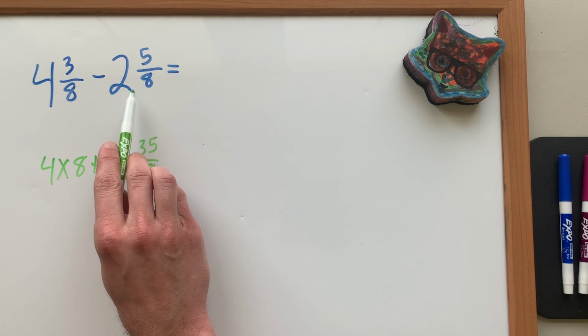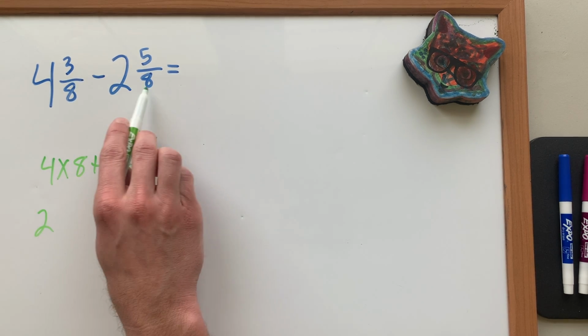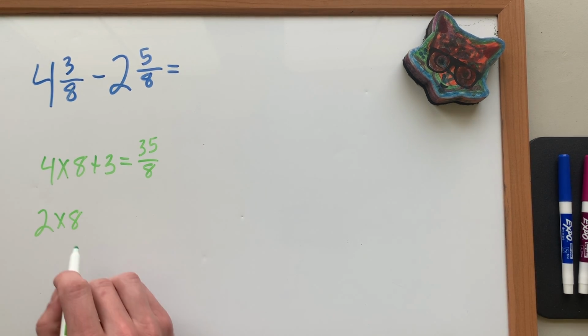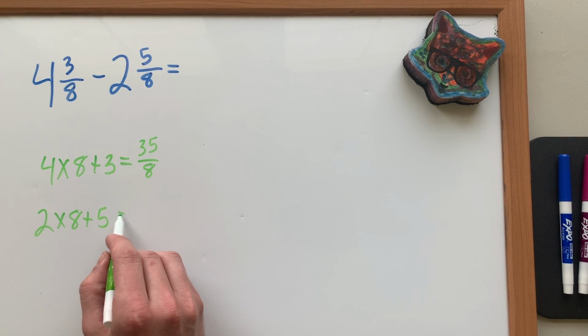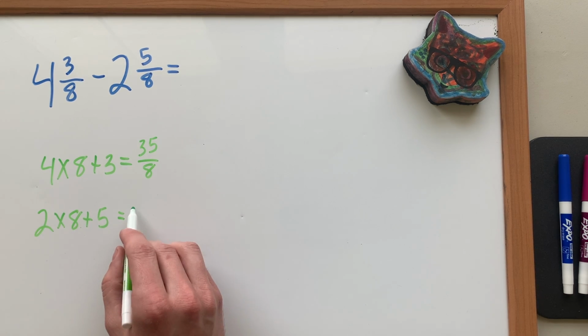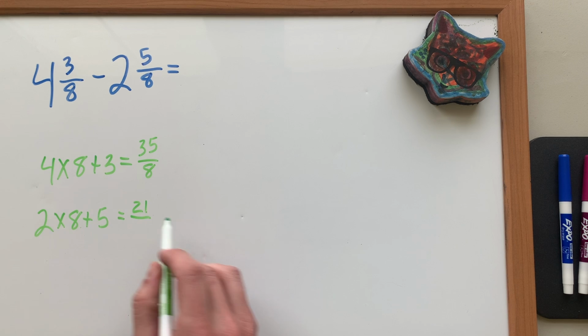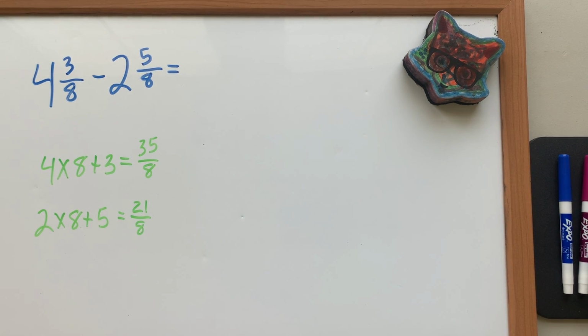Now let's look at 2 5/8. 2, the whole number, times the denominator of 8 plus the numerator of 5. 2 times 8 is 16. 16 plus 5 is 21. 21 what? 21 eighths.